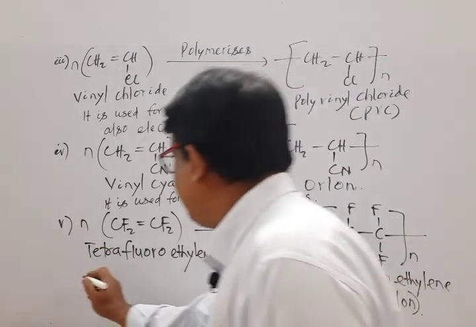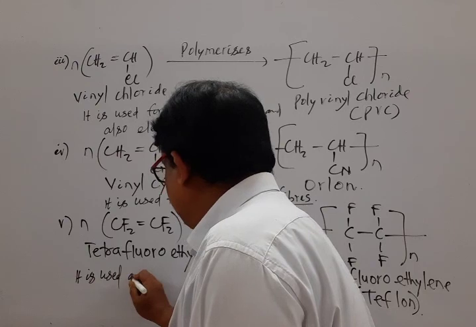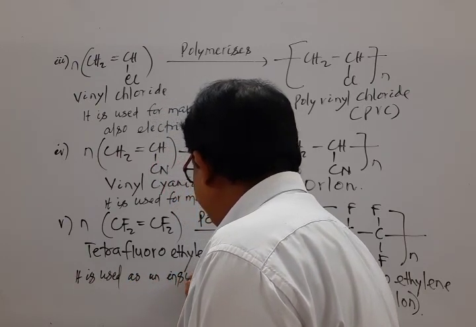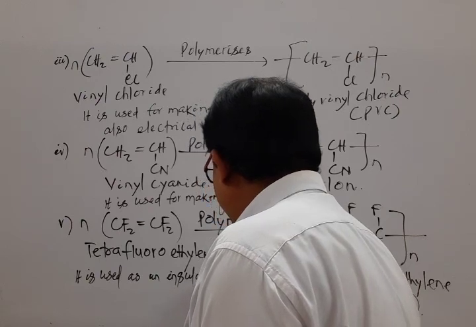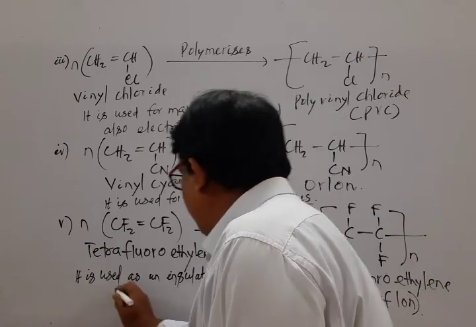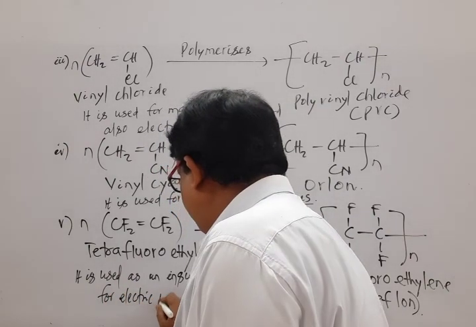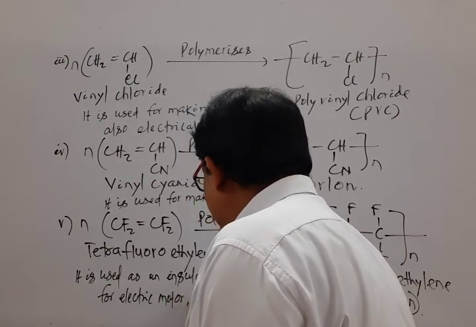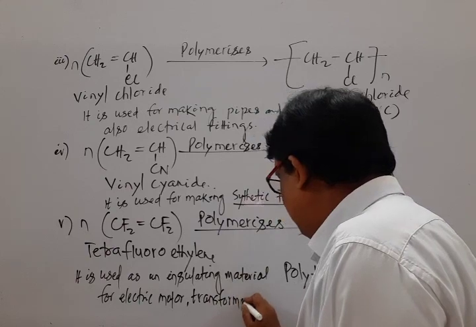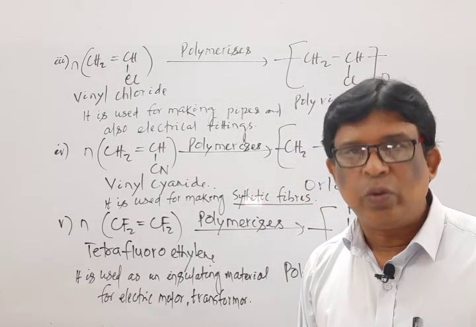It is used, note down, as an insulating material for electric motor, transformer, and also it is used for non-stick cooking utensil.